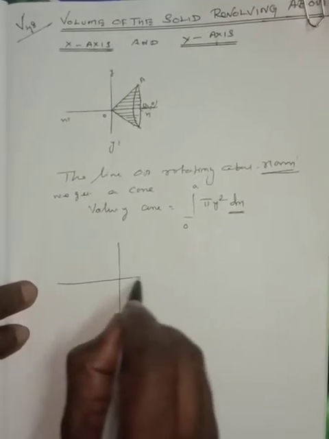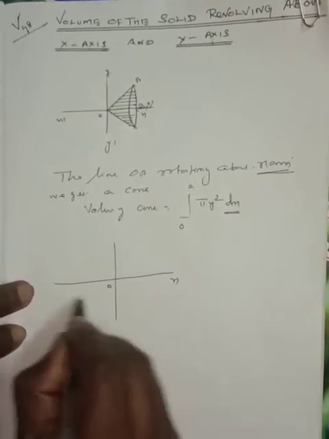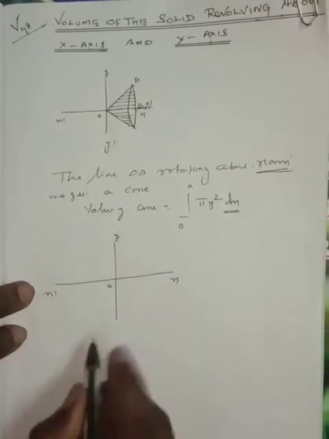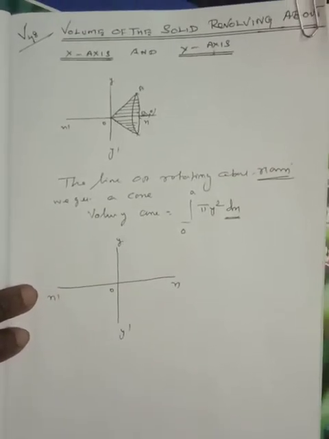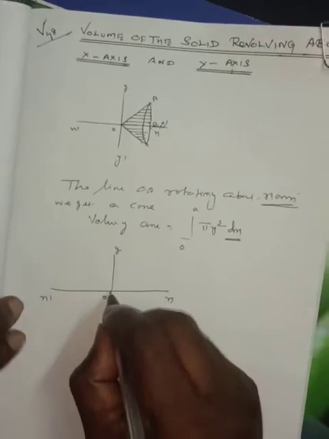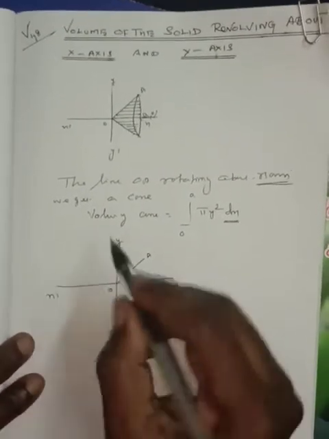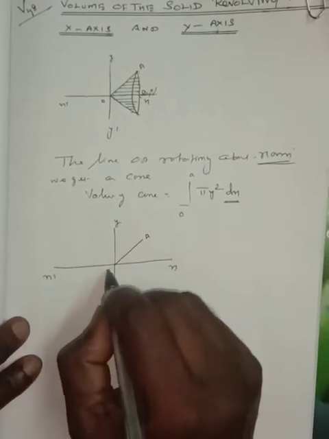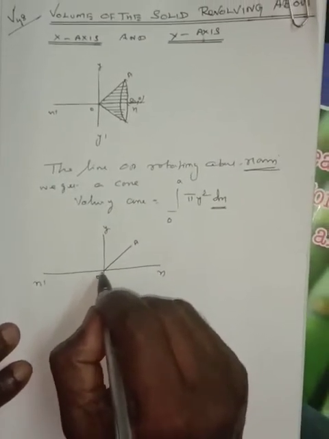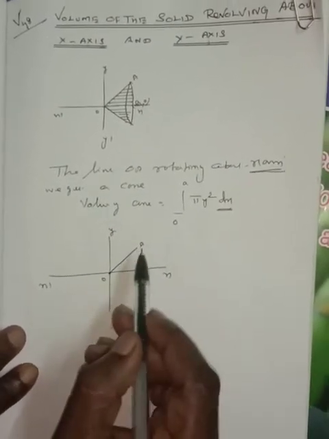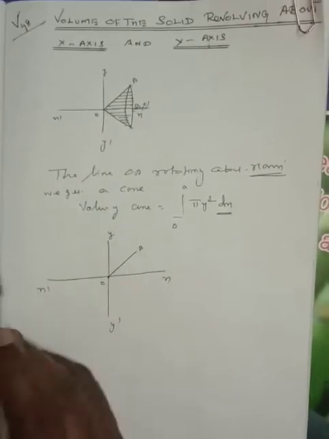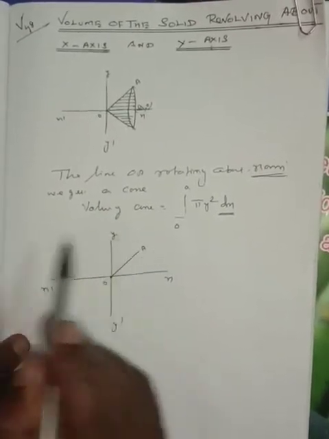Draw another x, O, x dash, y, O, y dash. Draw OA as a line segment. The line segment O is fixed. Now OA line segment rotating about y-axis.